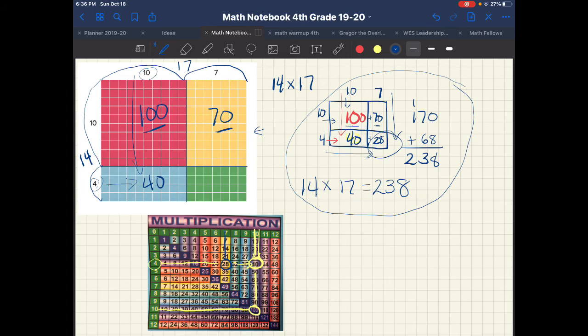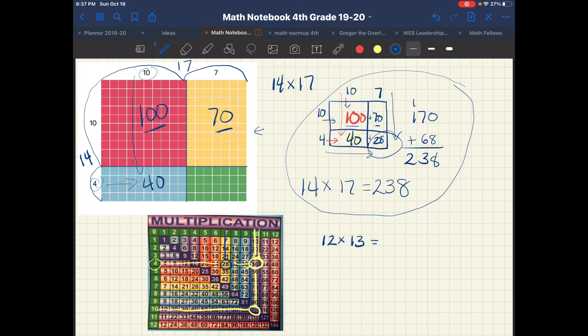And now you are going to try a couple on your own. I'm just going to write them down here, and on your own paper, see if you can make an area model to match up with these problems. Here's your first one. We'll do 12 times 13. On your paper, draw an area model to figure out the product of 12 times 13.